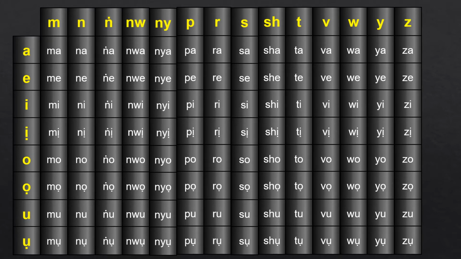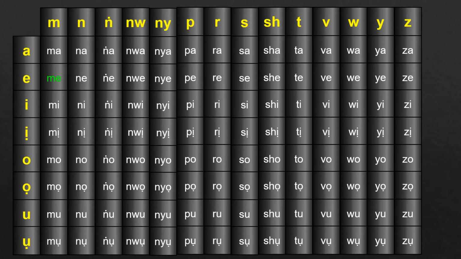For the rest of the alphabet, we have ma, which is the verb to know or to be good. We have me, which is the verb for do. Some of these will mean something in the Igbo dialect, but not all of them would have meaning in Igbo dialect.